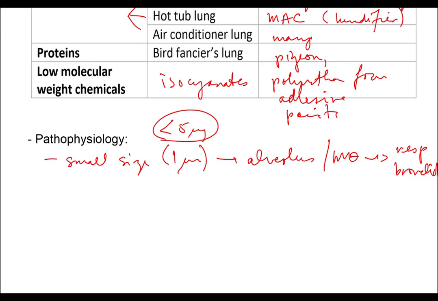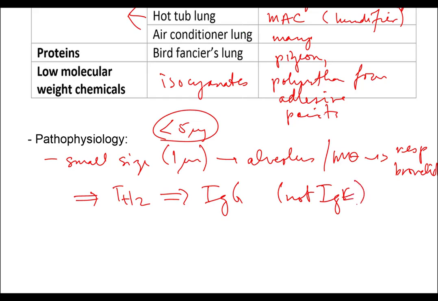And from that respiratory bronchiole, then, we get the formation of our Th2 response, which is going to form IgG and a little IgM and A, but not IgE. This is not the sort of classic allergic immunity that we're thinking about.